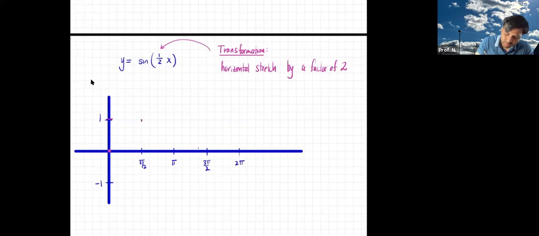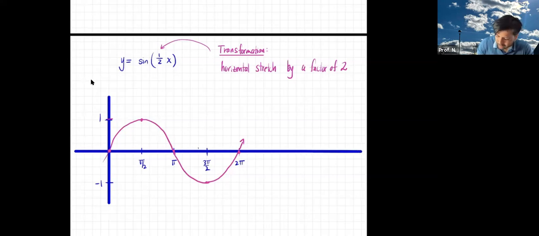Sine is something like this, right? So I move up, then I go down, go up, down, and then let me extend this a bit further.